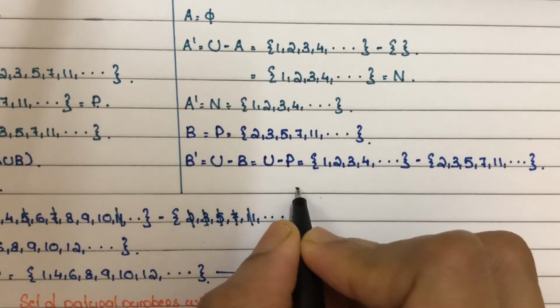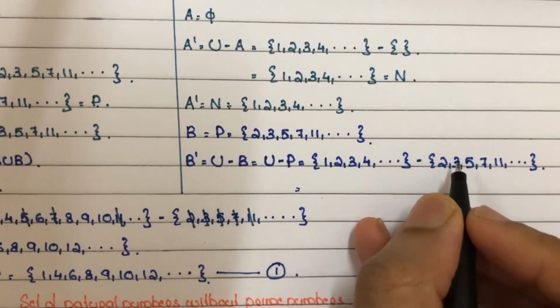What will you get? Set of natural numbers without prime numbers, right?